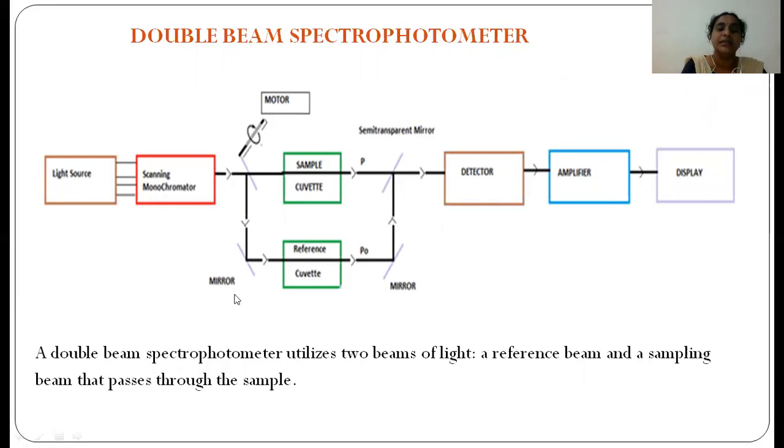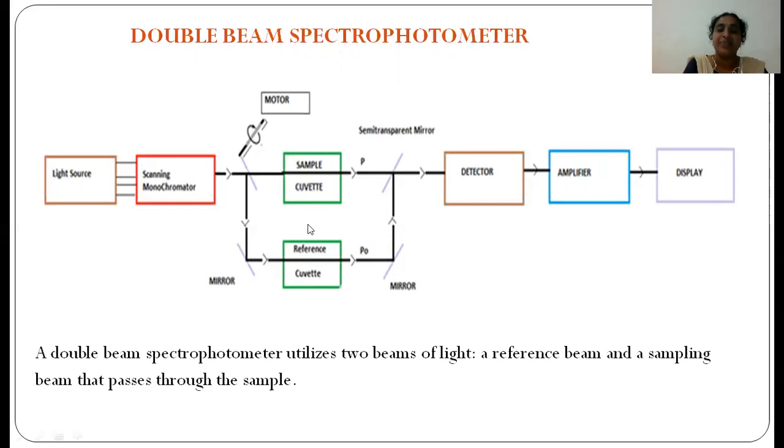Because in this double beam spectrophotometer, 2 sample cells are present, half the light will pass at the same time through the sample cuvette, and the other half through the reference cuvette. So in this double beam spectrophotometer, there is no need to run the experiment 2 times for each sample solution, because at a time we can keep the solvent here and the sample solution here.